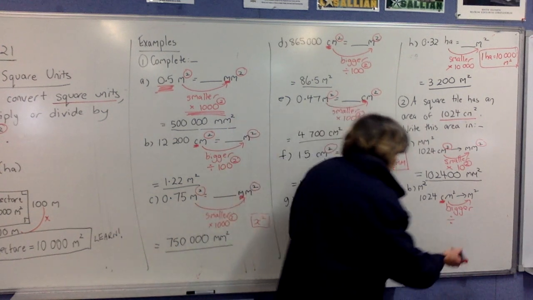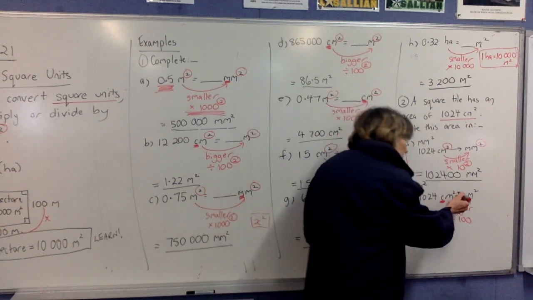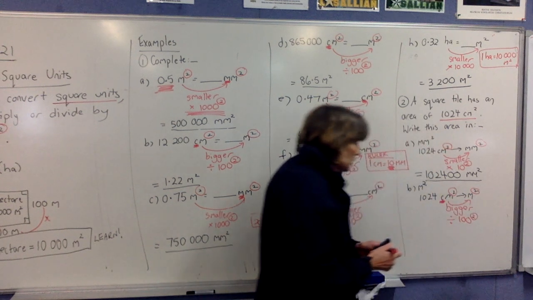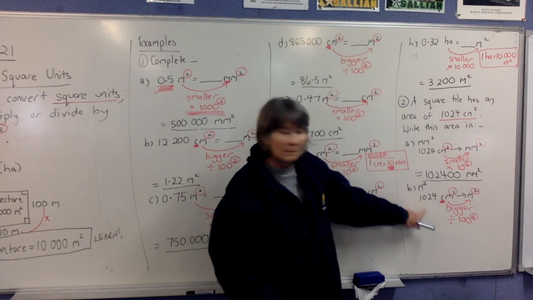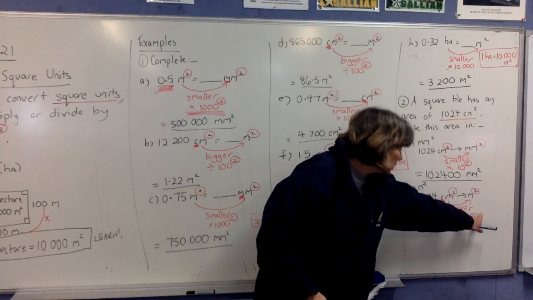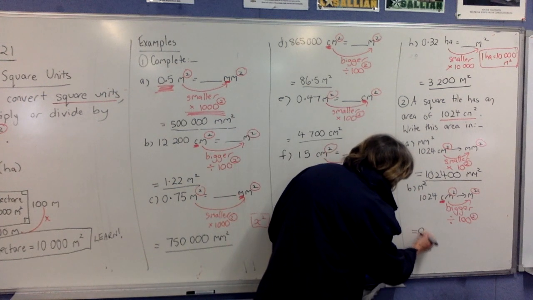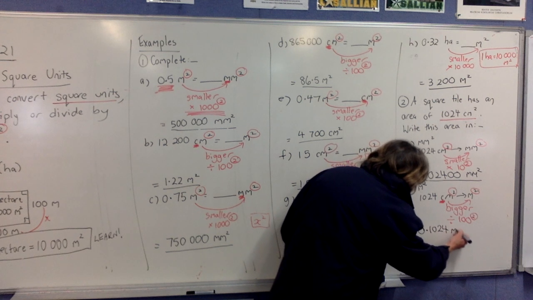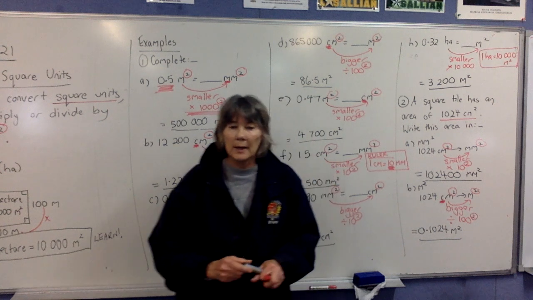Centi is 100. And if this is squared and this is squared, the 100 will be squared as well. So you're putting in your calculator 1024 divided by 100 squared equals, and you will get that answer.